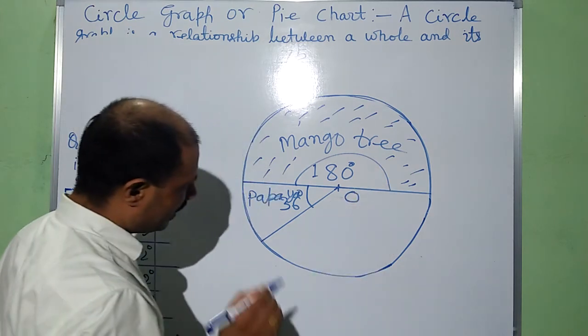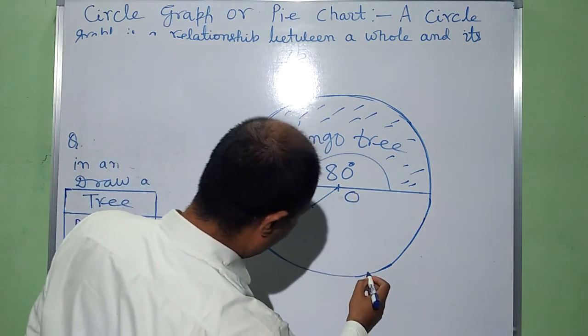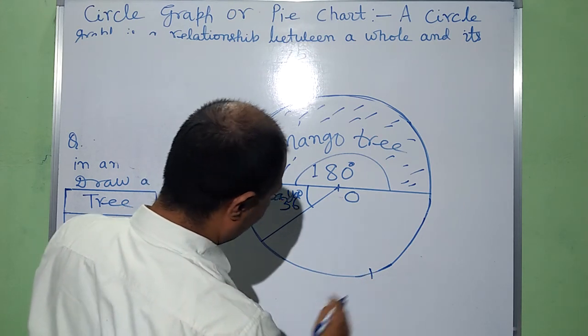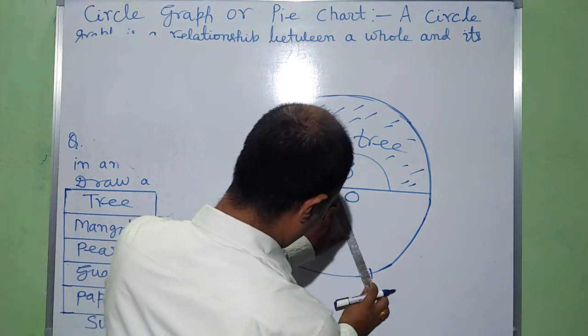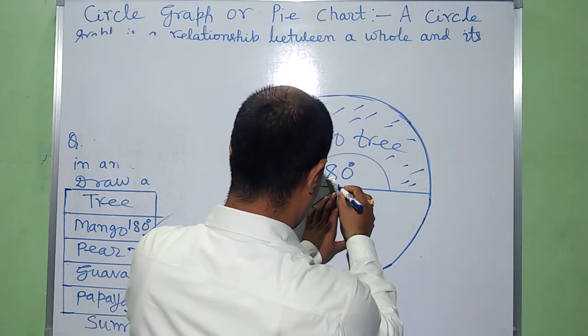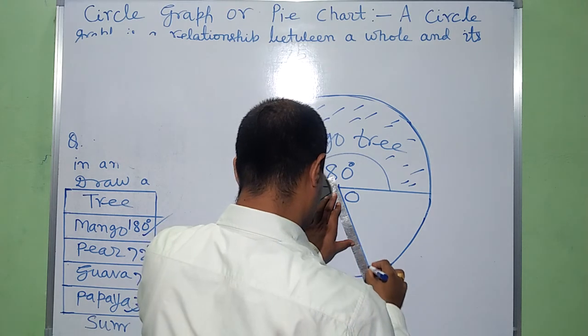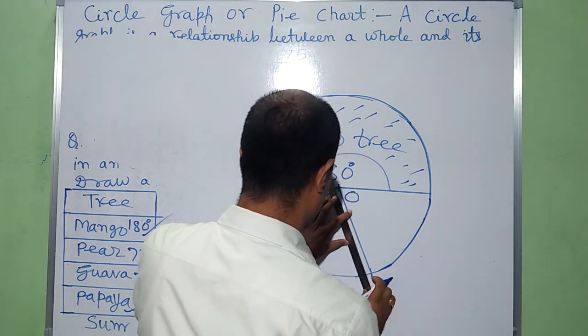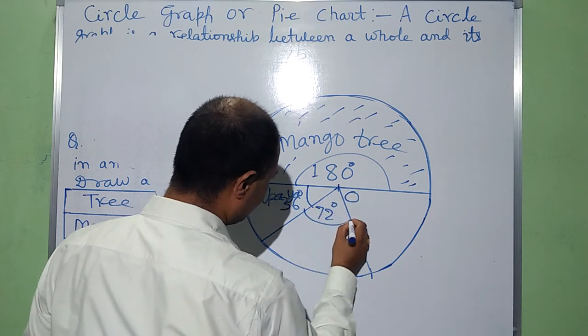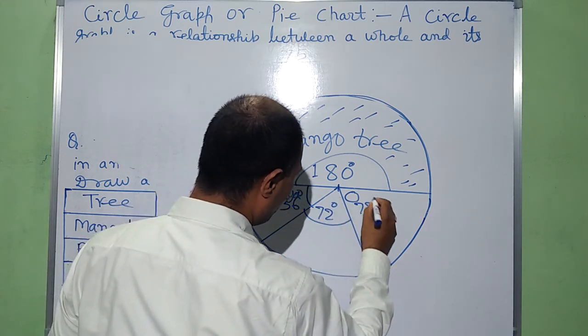This part will be divided into two equal parts like this. This is 72 degrees. Again this will be 72 degrees.